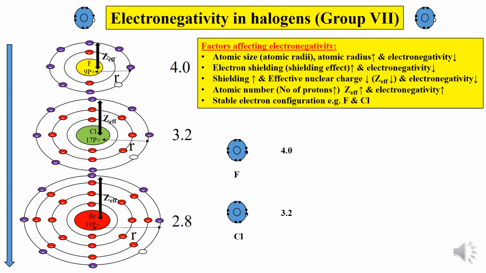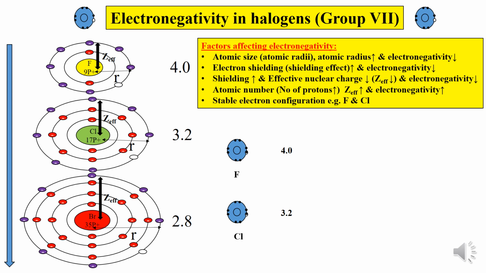That is atomic size, shielding effect, effective nuclear charge, and stable electron configuration. So these 4 factors collectively contribute to a stronger or weaker ability of an atom to attract the shared pair of bonding valence electrons going down the group.